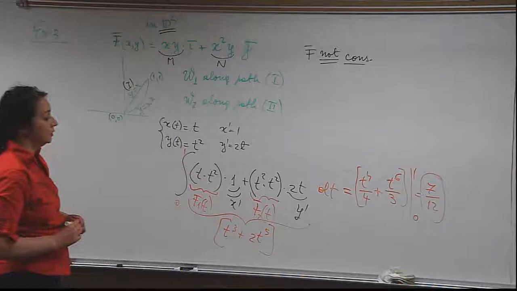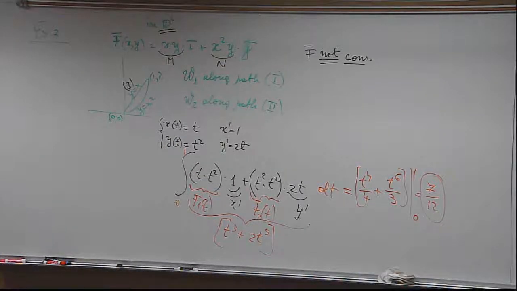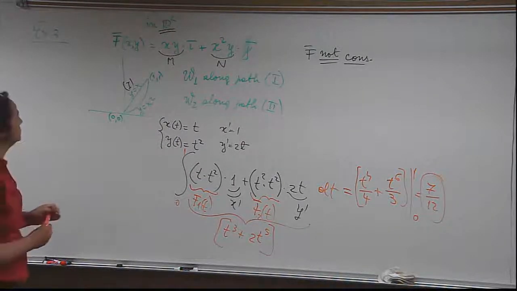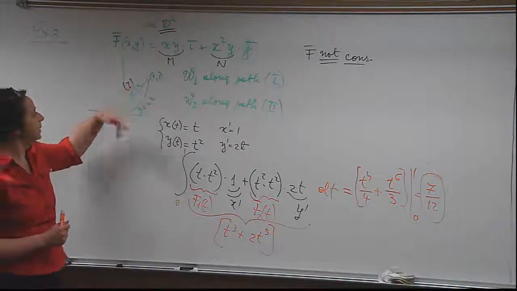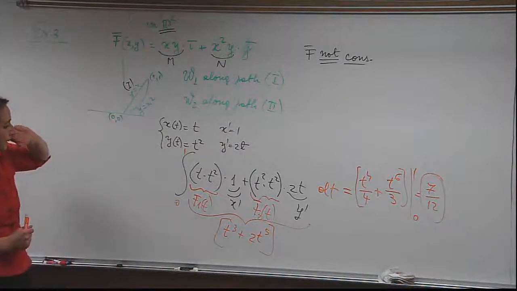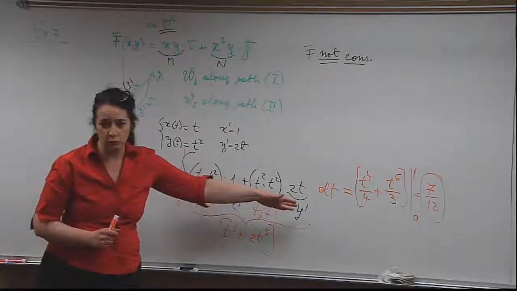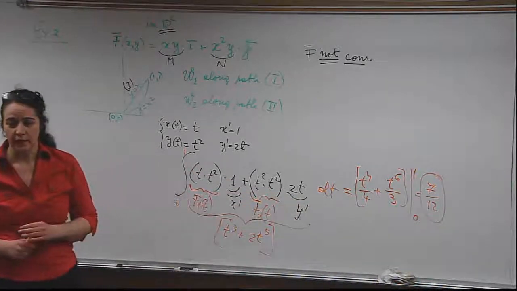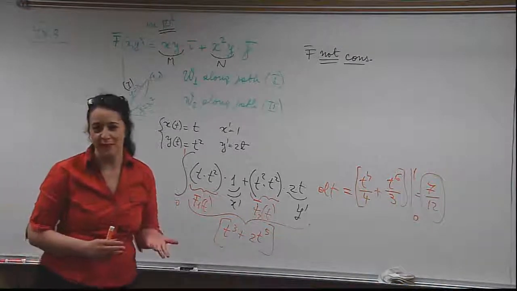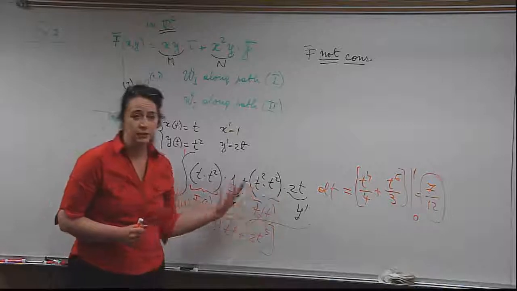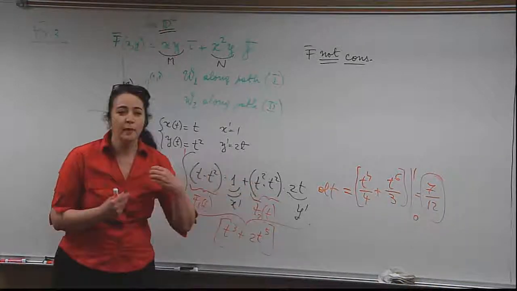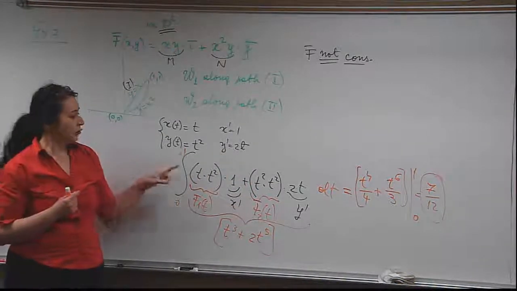So I'm asking you, why do you think we get the same value? Because the force is not conservative, and I went on another path. I went on one path, and I went on another path, and obviously my expression was different. Look at the algebra. The polynomials are different. What was my luck here? I took 1.